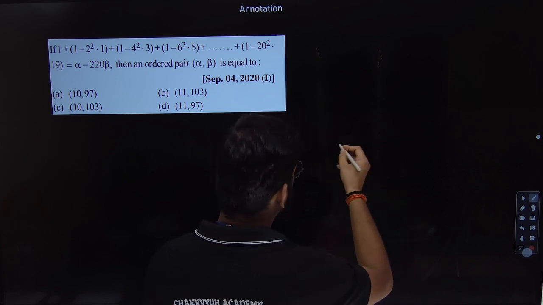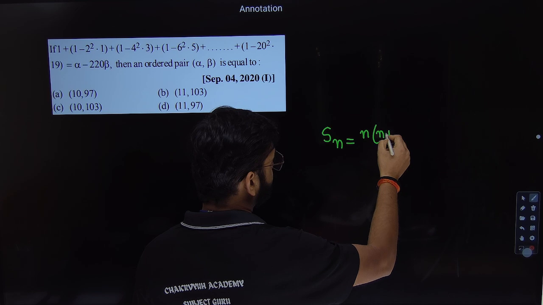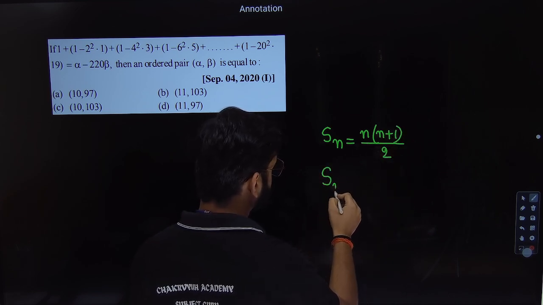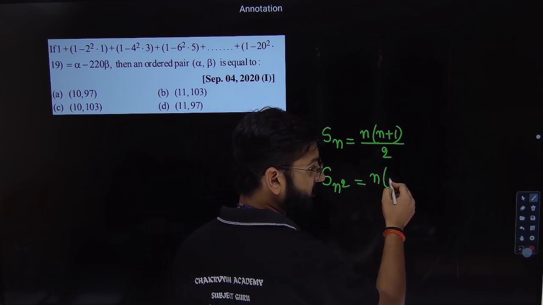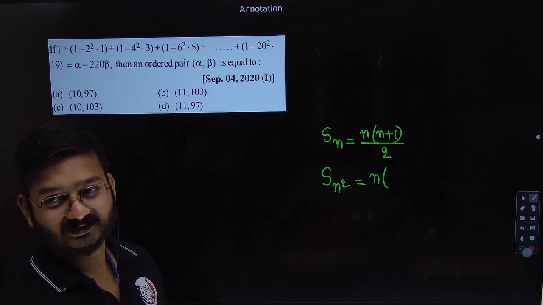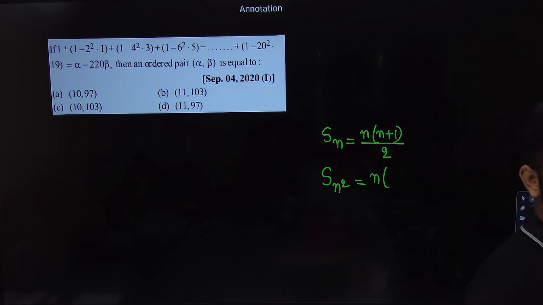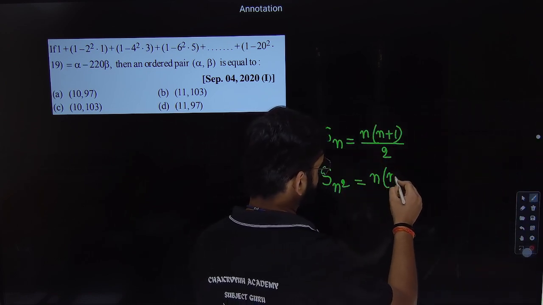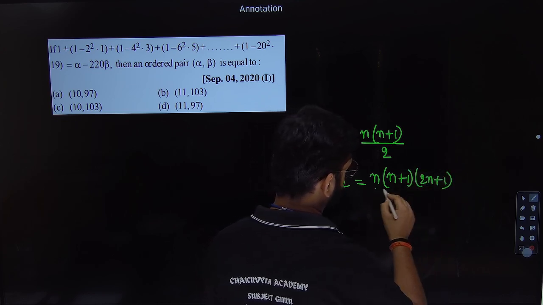It will be a shorter method as compared to application of derivative. Before we discuss this question, what is the sum of first n natural numbers? N into n plus 1 by 2. What is the sum of square of first n natural numbers? N into n plus 1 into 2n plus 1 by 6.